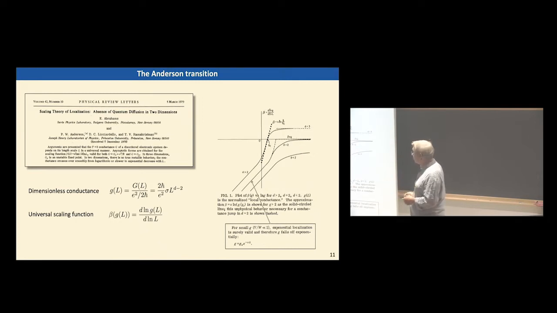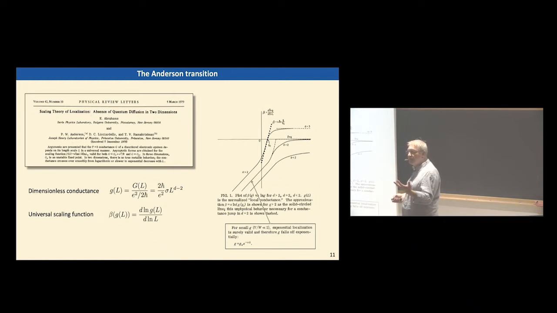There is a dimensionless conductance where you take the conductance and divide it by the natural dimensional quantity, which is e squared over 2 h bar. When you have a sample of homogeneous conductivity sigma, this is very simple math, it scales like L to the d minus 2.